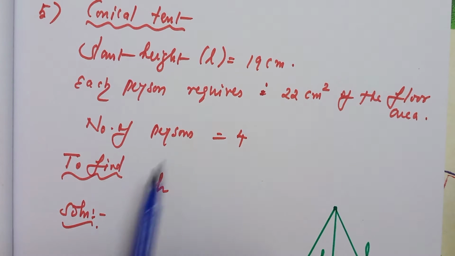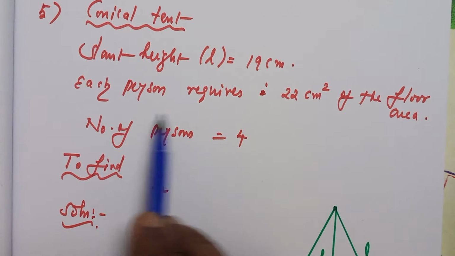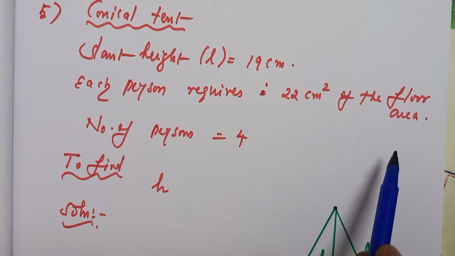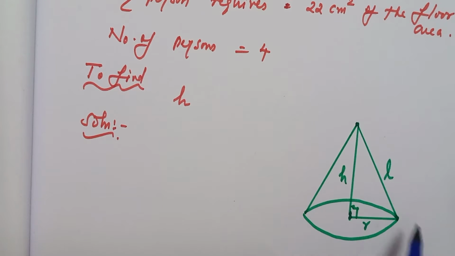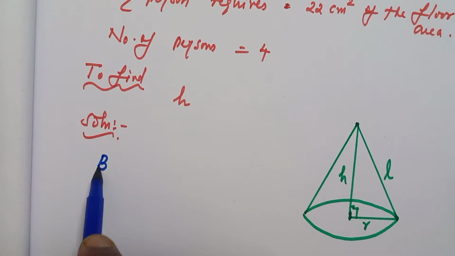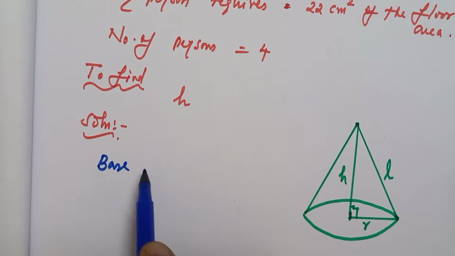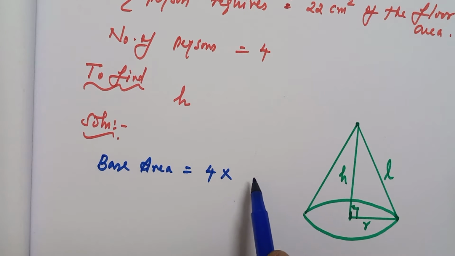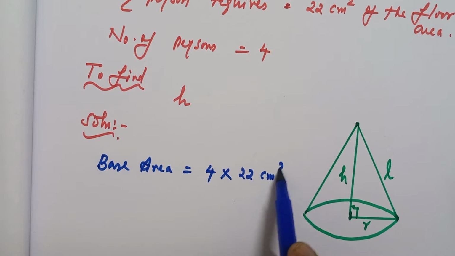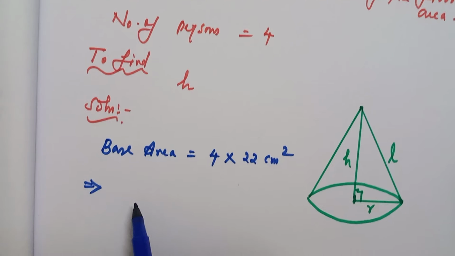Slant height is given. Number of persons is given. Each person requires 22 centimeters square of the floor area. Therefore, this is the base area. Base area of the cone is equal to 4 persons into 1 person floor area, 22 centimeters square, which implies base area.